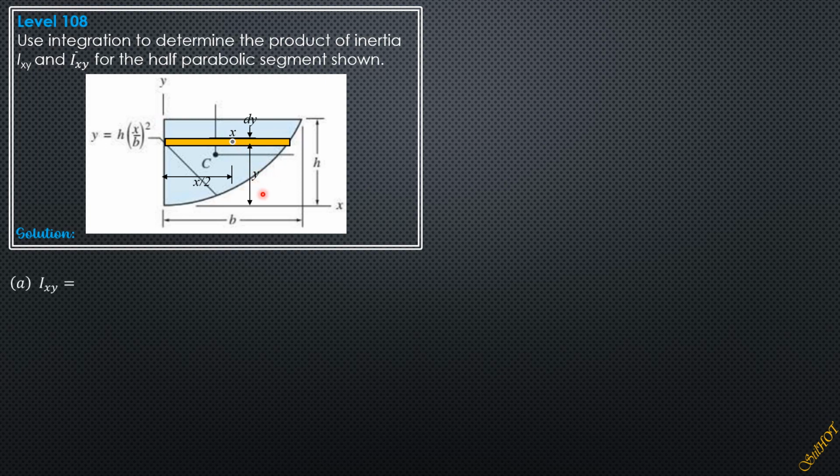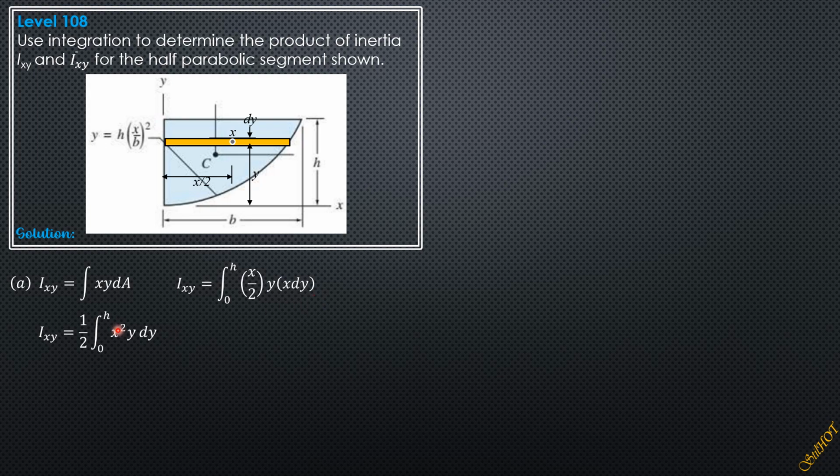So Ixy equals the integral of quantity x over 2 times y times x dy. Simplifying, Ixy equals 1 half integral of x squared y dy.